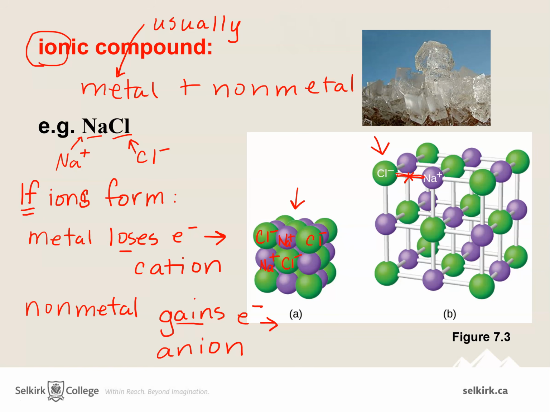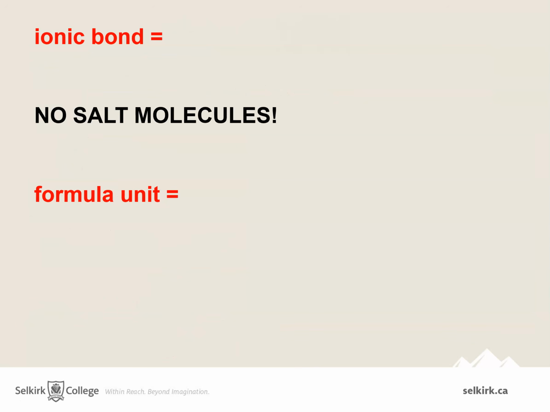So as I've told you, the oppositely charged ions attract each other, and we call that attraction an ionic bond, an attraction between oppositely charged ions. Whoops, little technical glitch there.